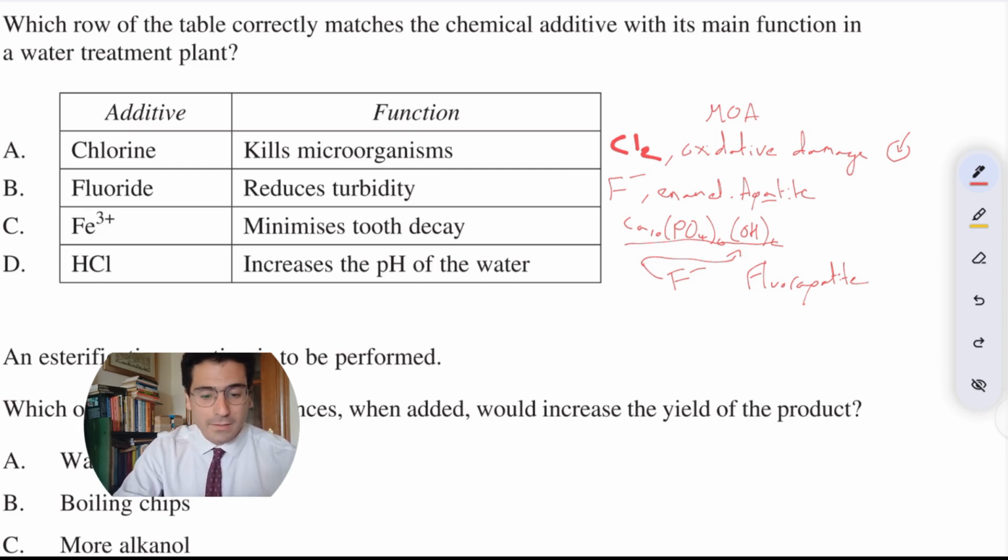Just as a fun fact, the additive which corresponds with reducing turbidity would be a flocculant or a coagulant. Now, a flocculant would be, for example, alum, and a flocculant destabilizes suspended charged particles.